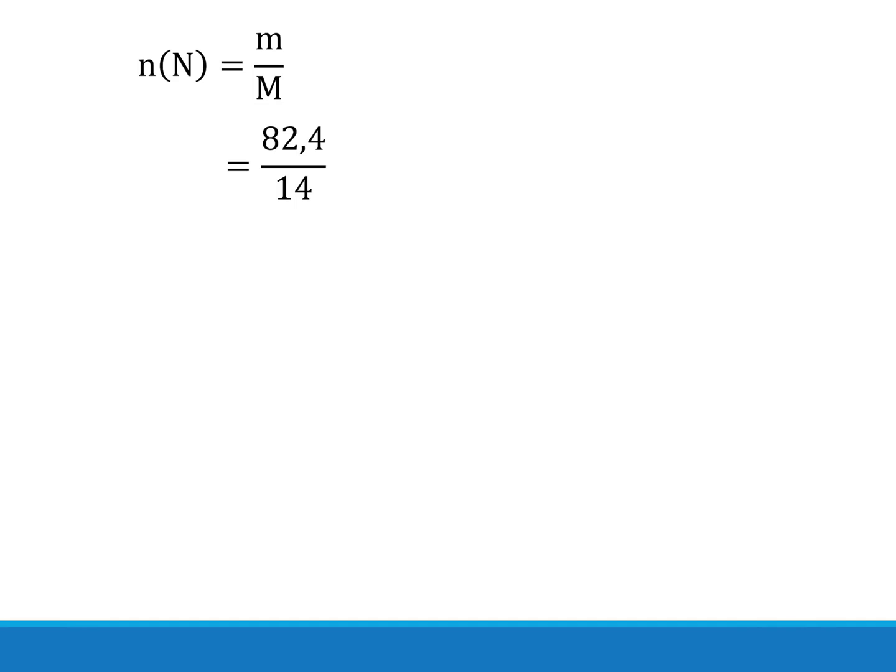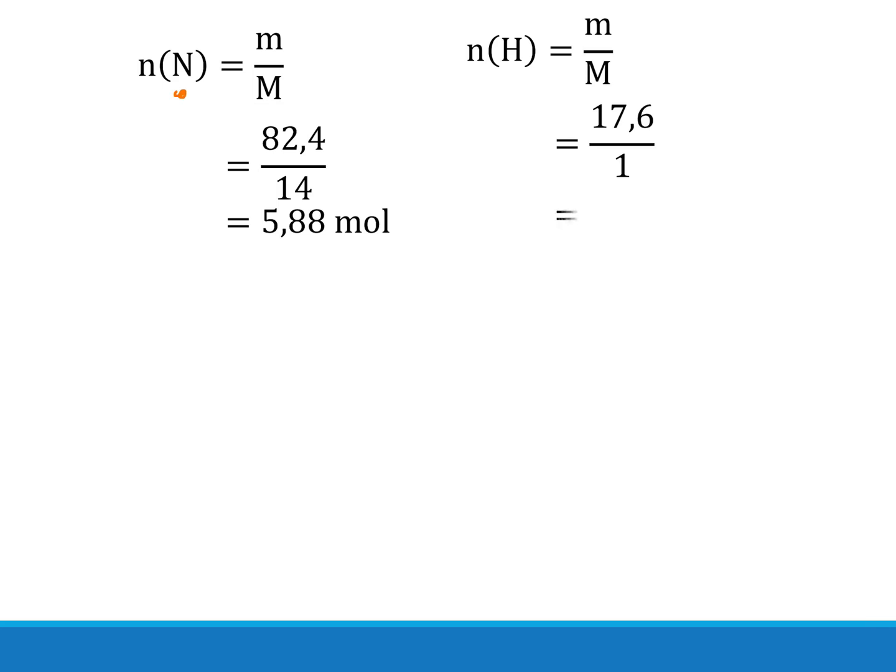It's nitrogen atoms, not nitrogen gas. So it's N, not N2. 5.88 moles. We're going to do the same for the hydrogen, also not H2. So it's 17.6 over 1. So it's 17.6 moles.